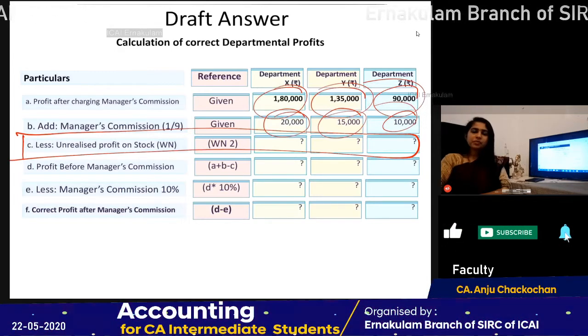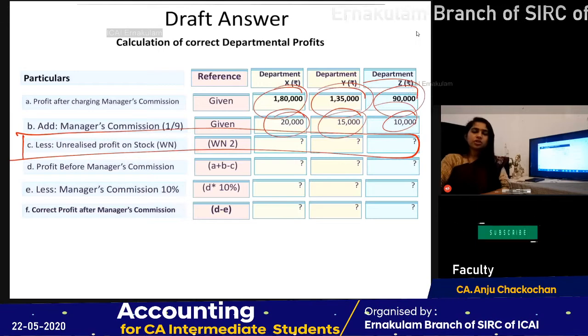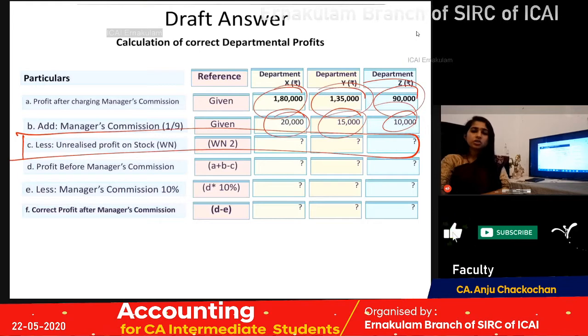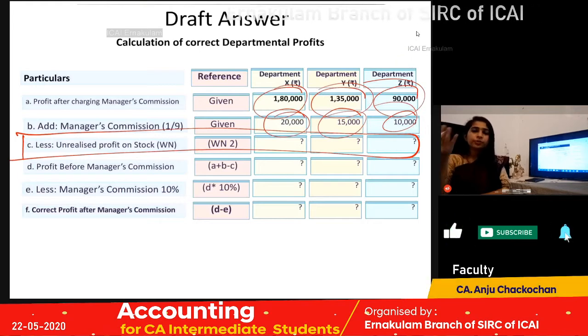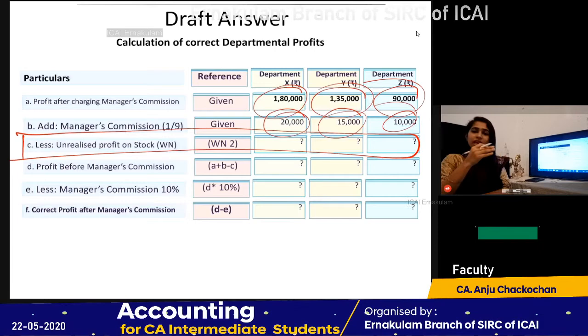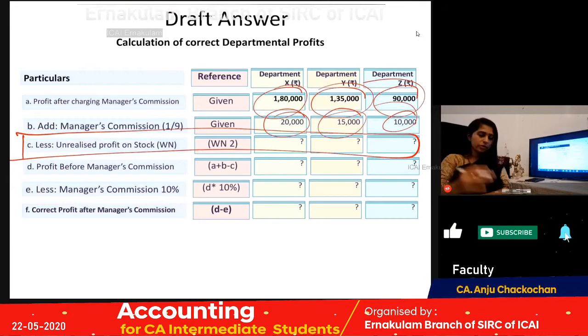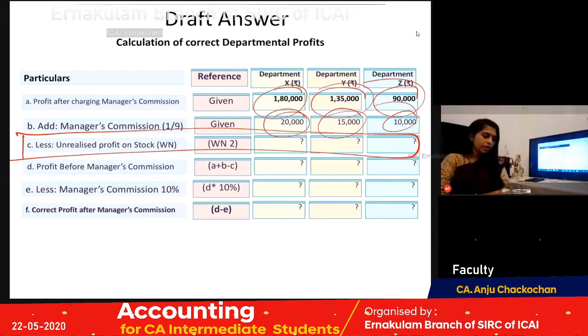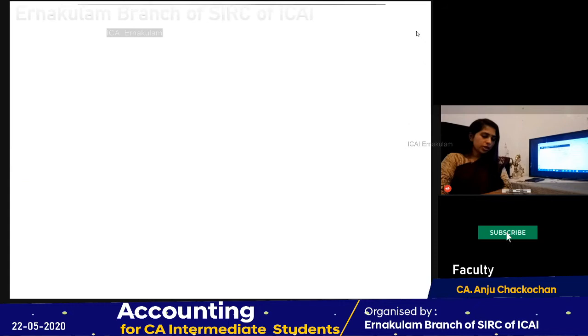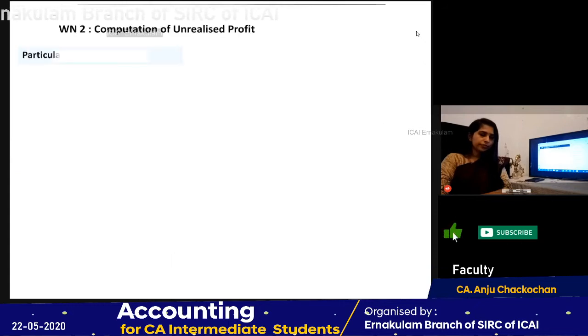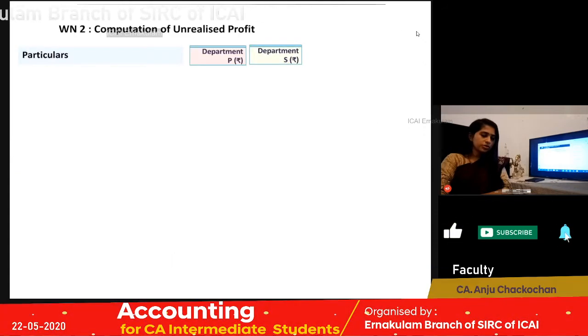Just 3 departments in picture, and you just have to compute the stock reserve for all the 3 departments. The stock lying unsold in each department is given to you, and you just have to multiply it with the profit percentages which is already given, and you will get the stock reserve for each and every department. Okay, that is the only task remaining. Very easy to compute actually. Yes, make it fast and come up with the answers.